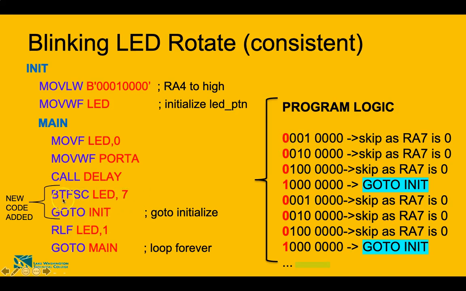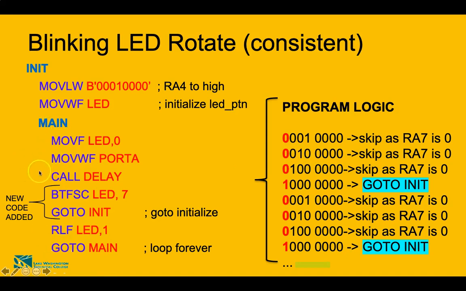That's what this instruction means, bit test F, skip if clear. It is clear right now, so it is going to skip the next step and go to this step. At this point RA7 is 0, so that's why it has skipped, and in the next step it's going to rotate the LED to the left, which means the next LED will be turned on.